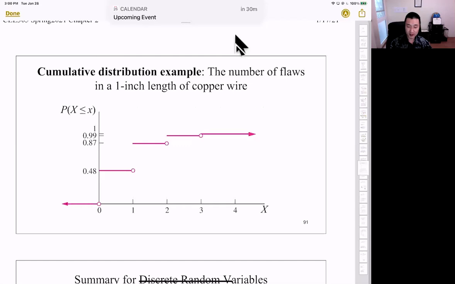The probability it has less than or equal to 1 floor is equal to 48%, and so on. For x larger than 4, that value will be 100%, as you can see here.